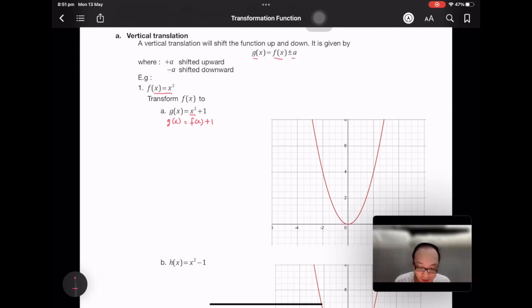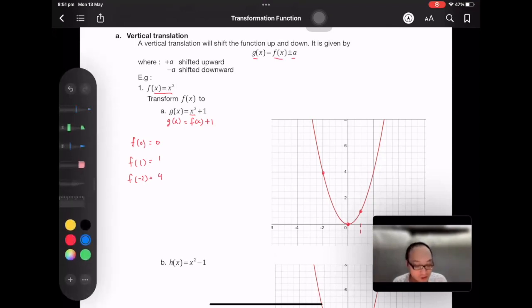So if we see from the graph, f(0) is 0. f(1) equals 1. And f(negative 2), negative 2 is here, equals 4.